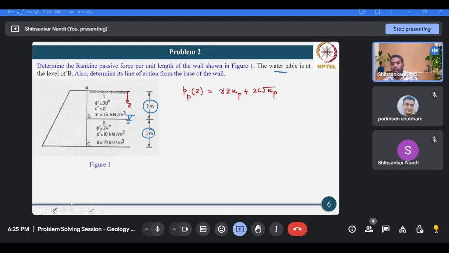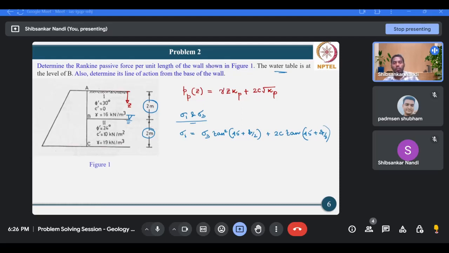If we explain a little bit, we know the relationship between sigma 1 and sigma 3 on the verge of collapse, or at the limiting equilibrium condition. Sigma 1 is sigma 3 tan square 45 degree plus phi by 2 plus 2c tan 45 degree plus phi by 2. You already derived this equation in the previous chapter, shear strength of soil.